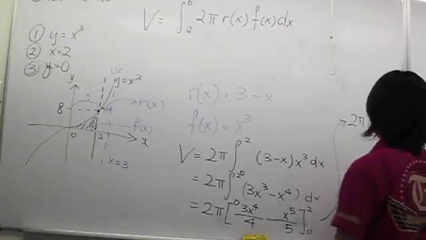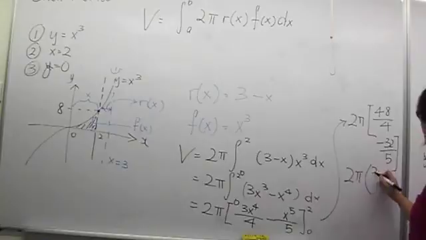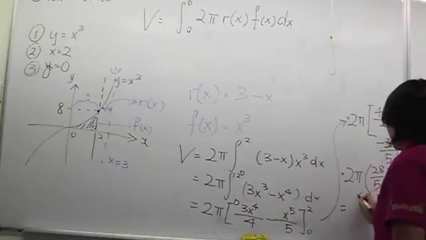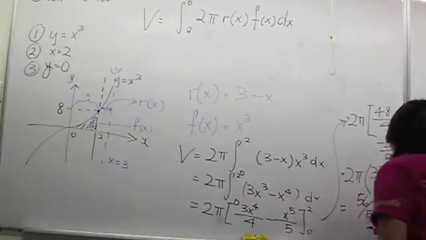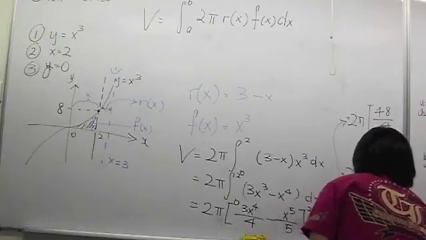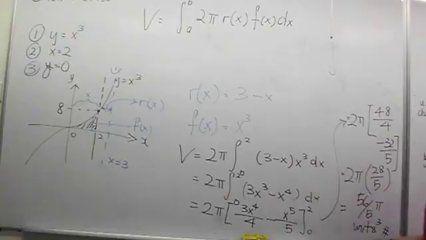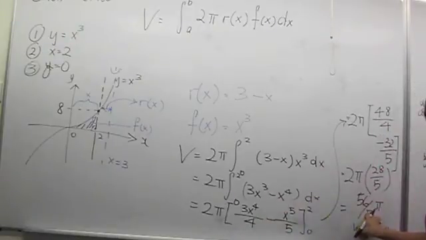So you'll end up with 28 over 5. Then you get 56 over 5 units cubed. This should be your final answer. Yeah, we're done.